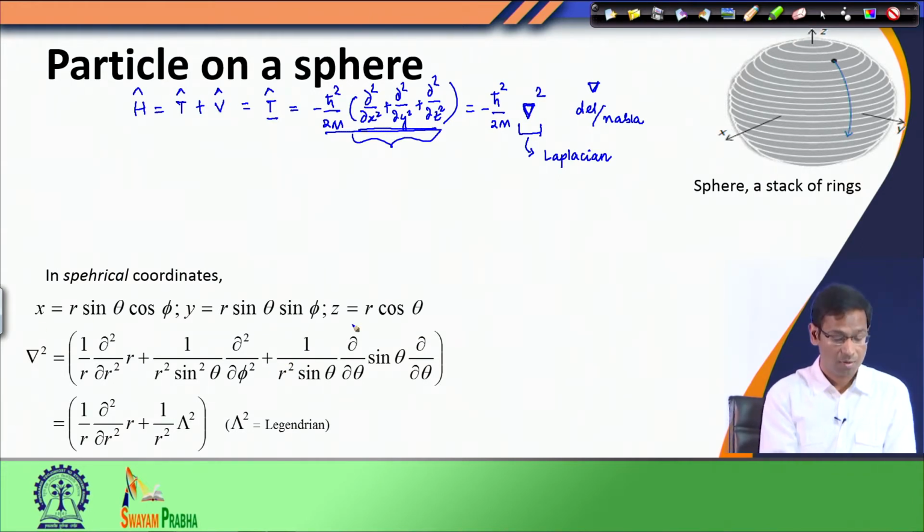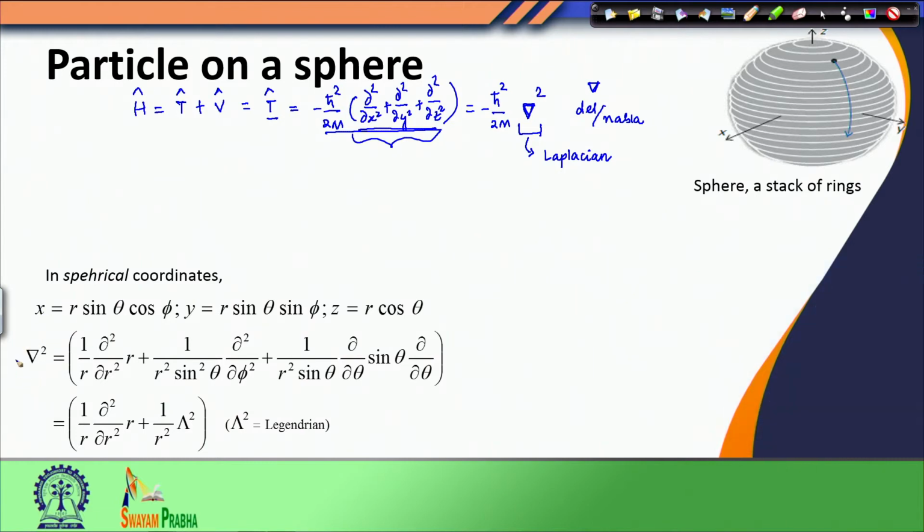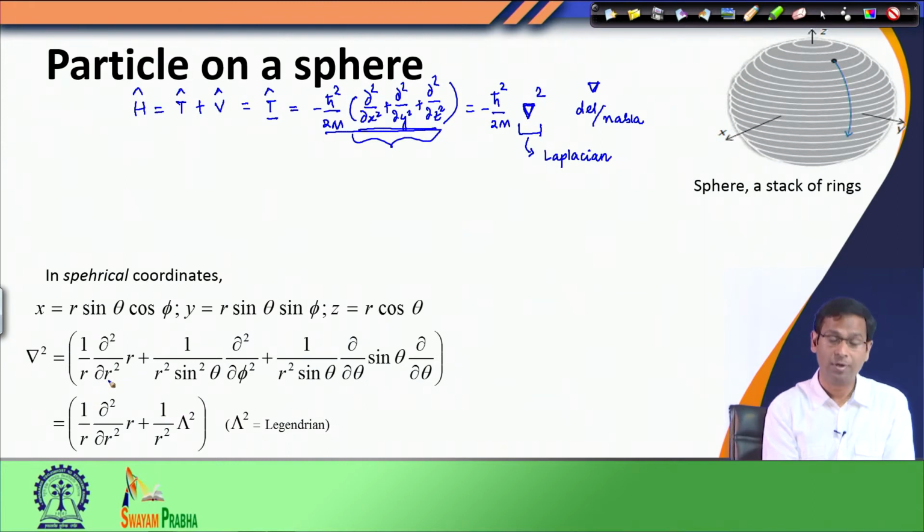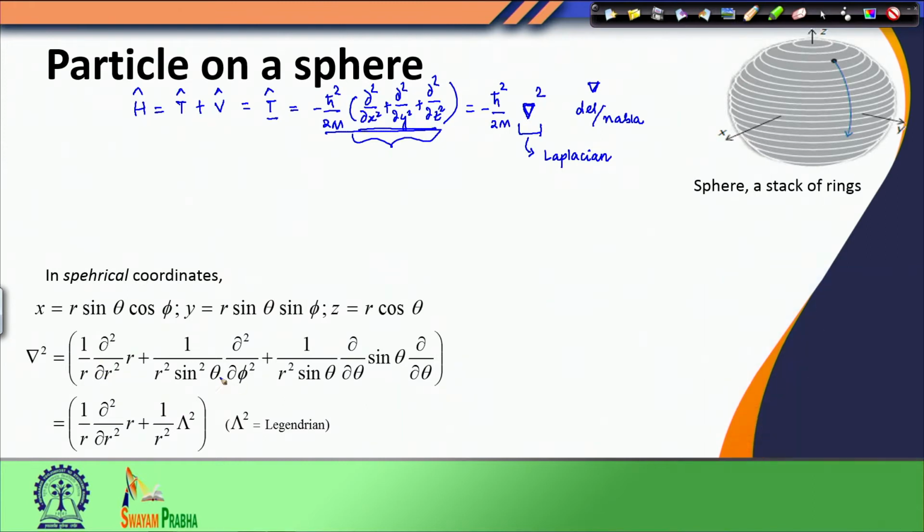When I try to rewrite this Laplacian in terms of spherical coordinates instead of Cartesian coordinates, this is what I would get. This long expression has a second derivative with respect to r, some derivative with respect to phi, and some differentiation with respect to theta. So, all three spherical coordinates are present here.